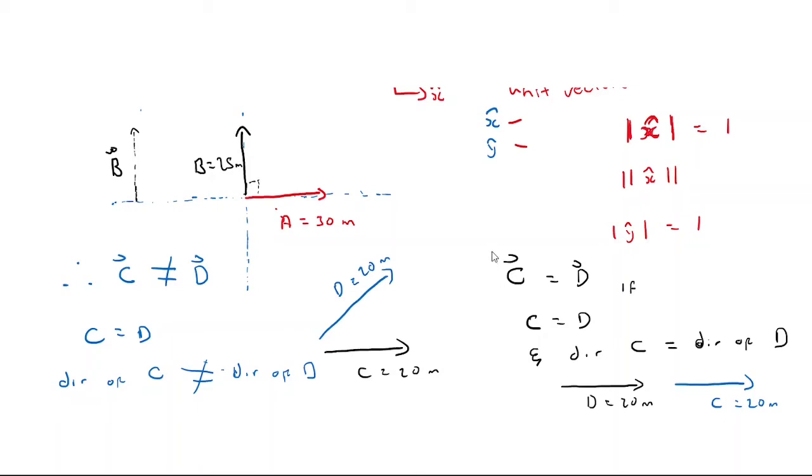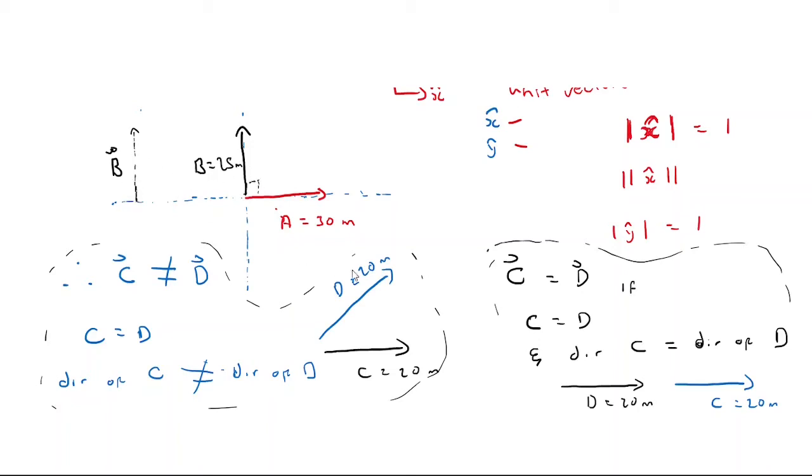So this is this case here, and in the other case these two vectors are not the same. It's very important that you understand these two concepts: when a vector is equal and when a vector is not equal. If you look at this vector and this vector here, I know they are not exactly the same as I drew them, but I drew them such that they have the same magnitude and are both pointing in the same direction.